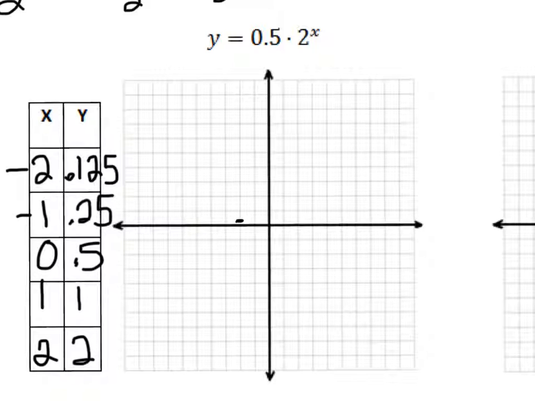And then we have negative 1 and 0.25, so that's pretty much just above that one. 0 and 0.5, and then we've got 1, 1, and then 2, 2. It still is going to be approaching that asymptote of y equals 0.